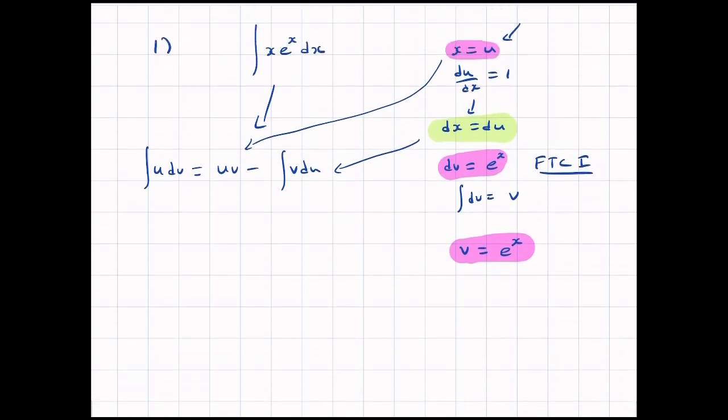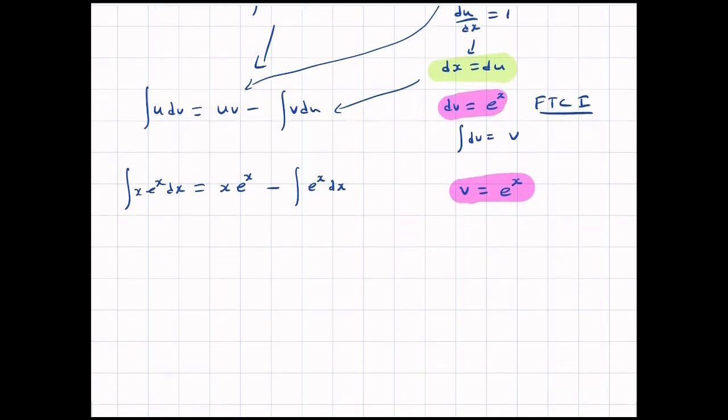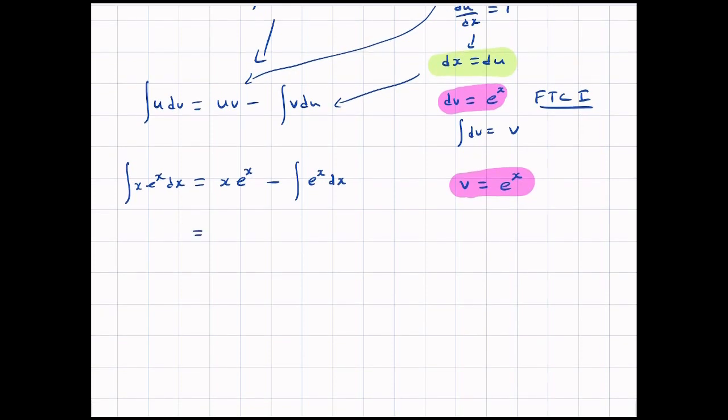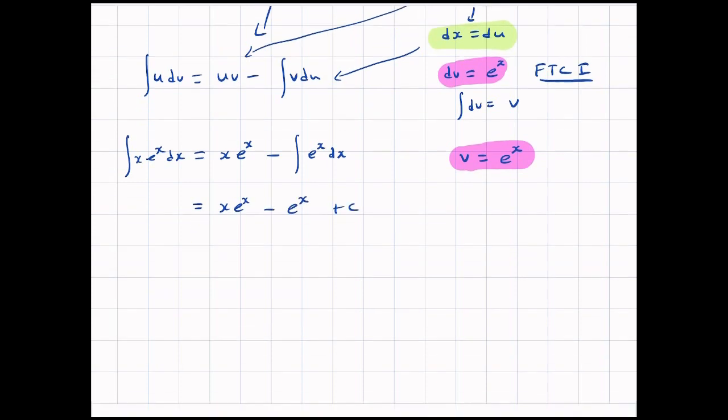So my integral of u dv is the integral of x e to the x dx, and it's going to be u, which is x, times v, which is e to the x, minus the integral of v, which is e to the x, times du, which is dx. And the integral of e to the x is just e to the x. So this is x e to the x minus e to the x, and then we can't forget the plus c.